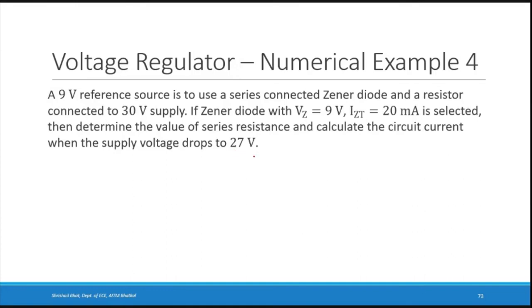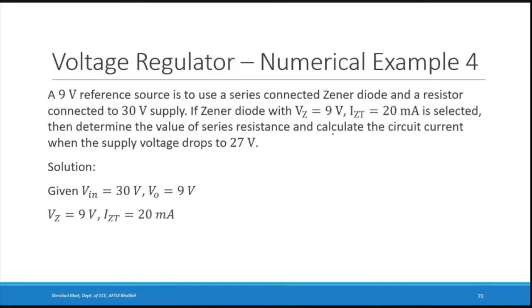So we will do the first part first. Initially it is given that a 30 volt supply. So Vin is 30 volts and a 9 volt reference source means that will be the output. A reference source means it is the output of your regulator that is used as a reference source for DC equipment, right? So V0 is equal to 9 volts.